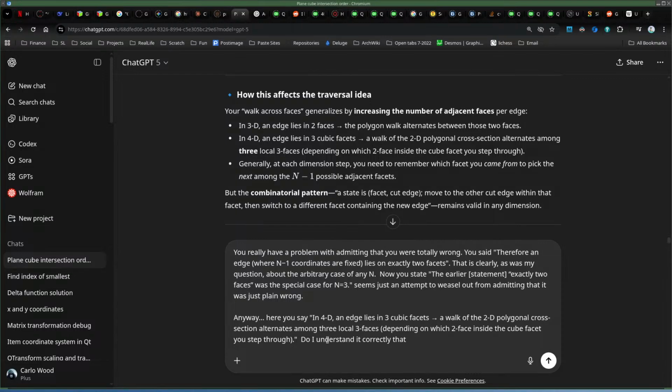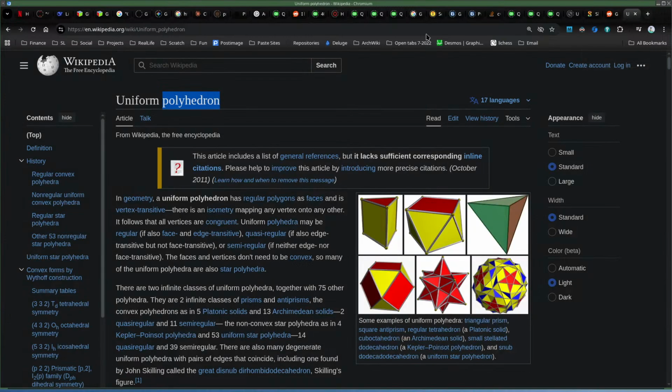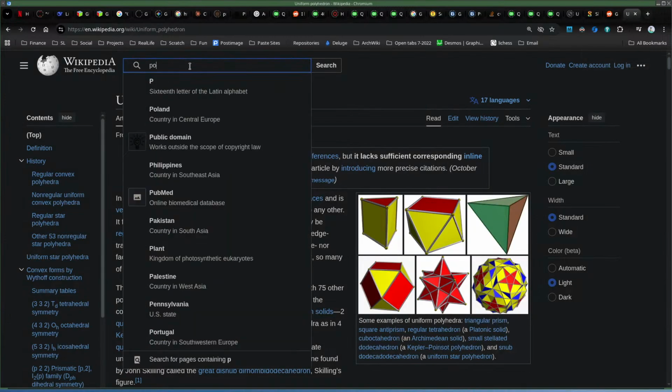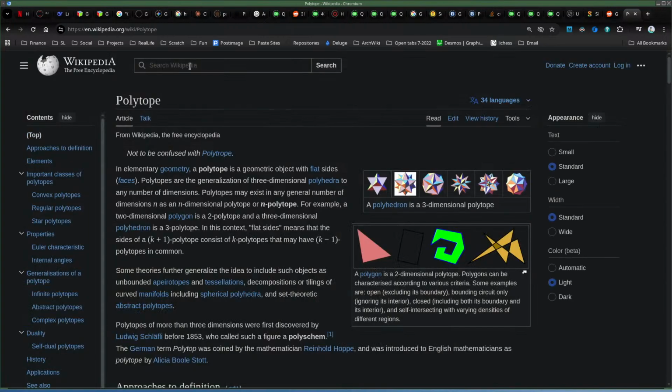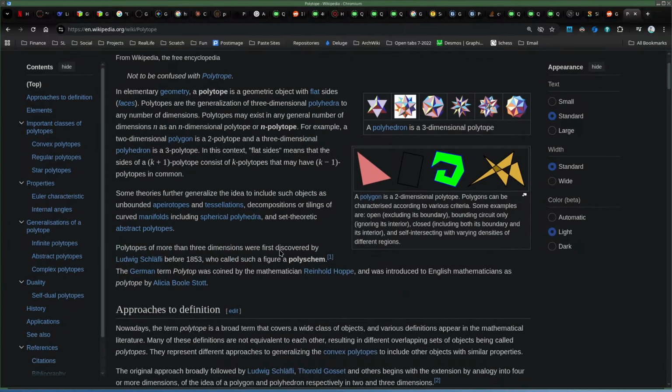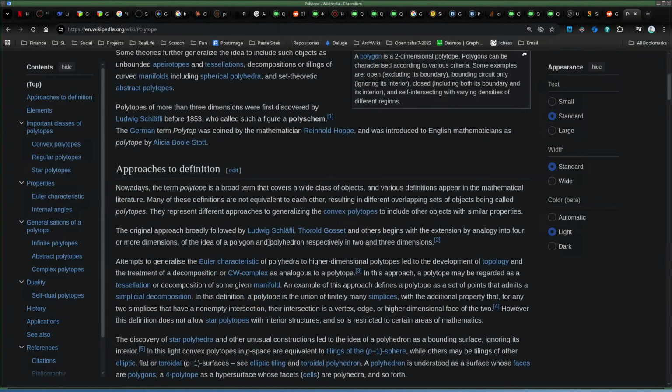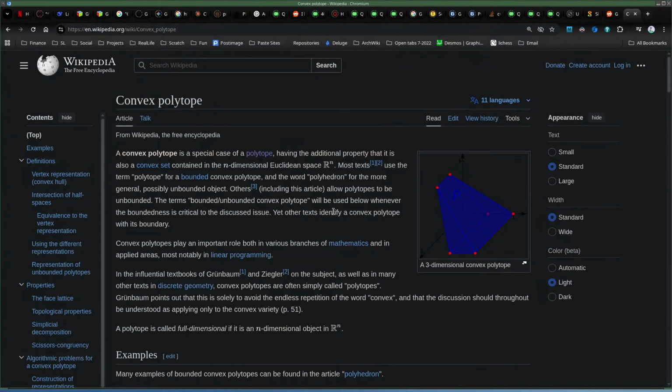That the slice polytope that we had... Oh, and now it's suddenly 3 dimensions also.